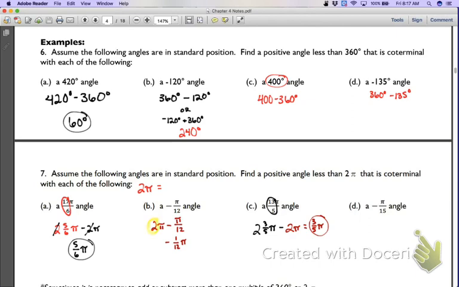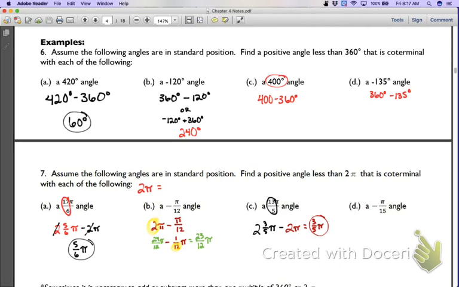I need to make sure that I turn the 2 into having a common denominator of 12. So 24 over 12 pi. So what's 24 minus 1? 23 over 12 pi. You can leave it like that.